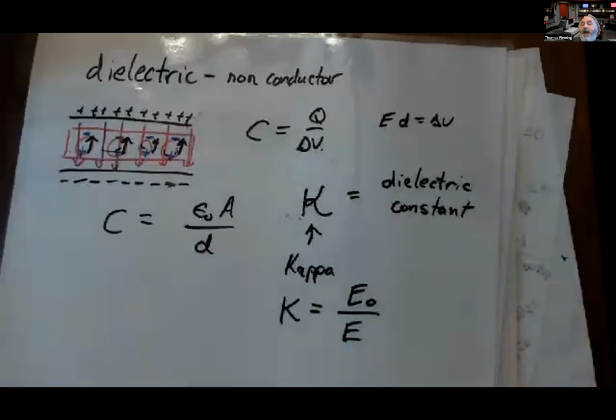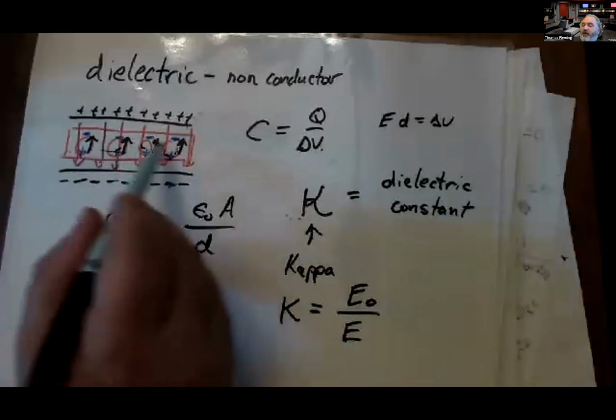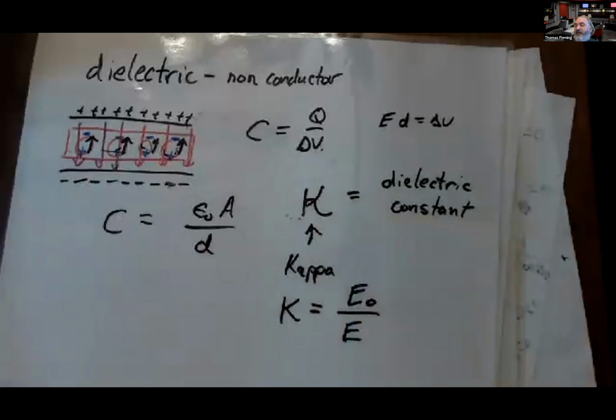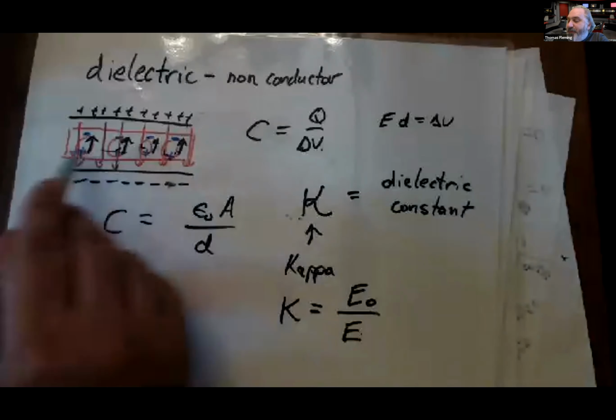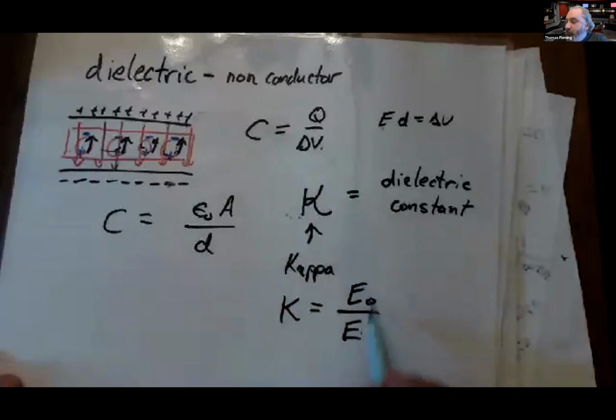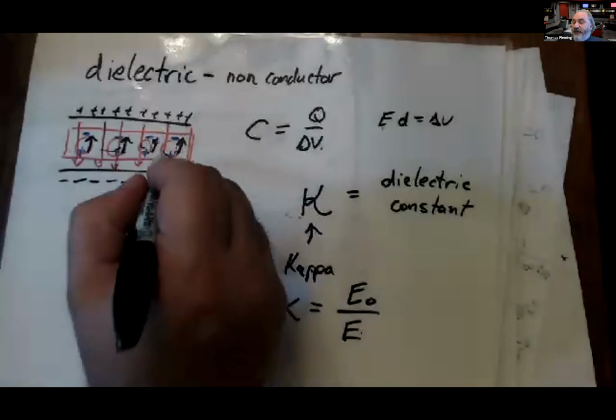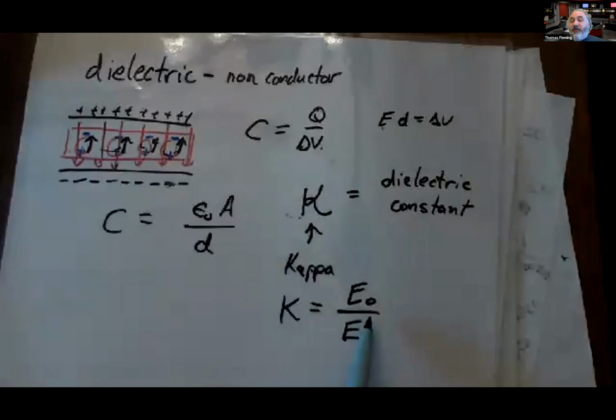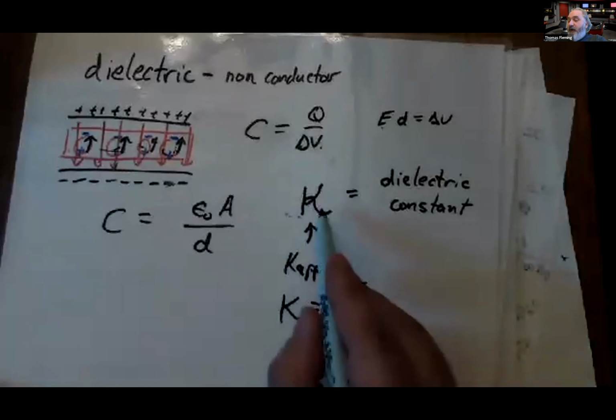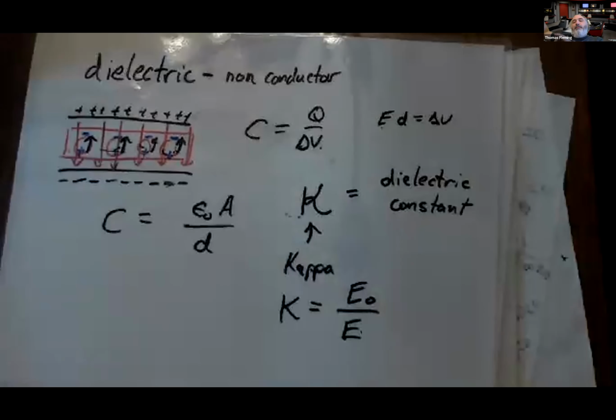Since this dielectric effect always tends to make the electric field smaller, this we always expect to be smaller than this. What that means is that at best, if this didn't happen at all, these two things would be the same, and the dielectric constant would be equal to 1. But if this happens even a little bit, the dielectric constant is going to be larger than 1. So kappa starts at 1, but can always be bigger for any material.